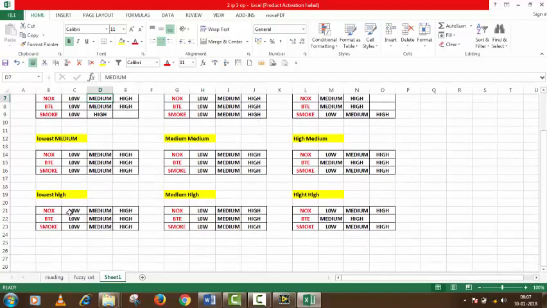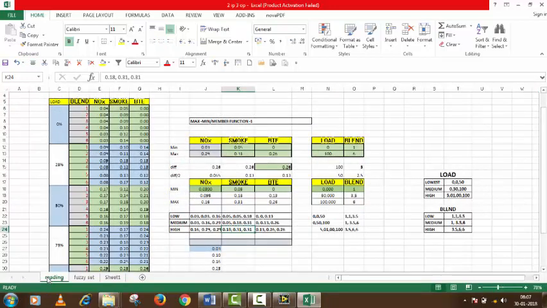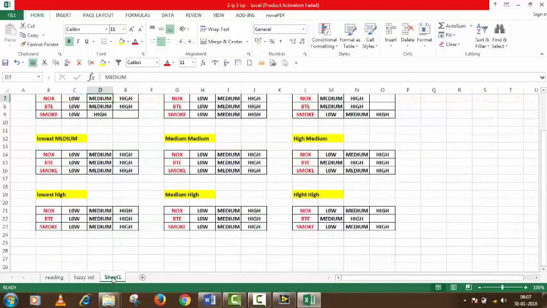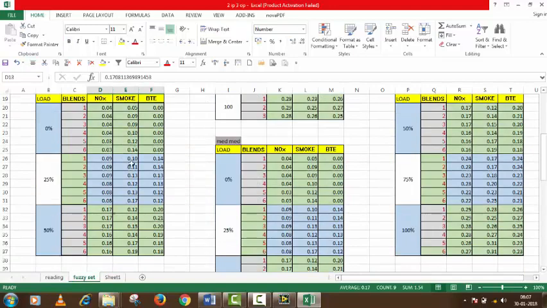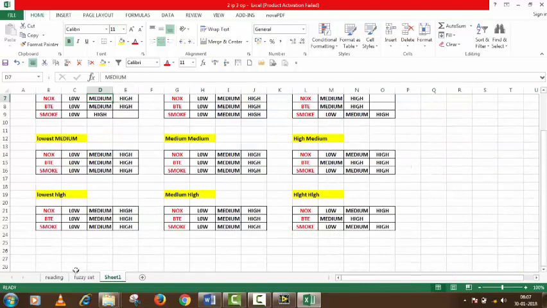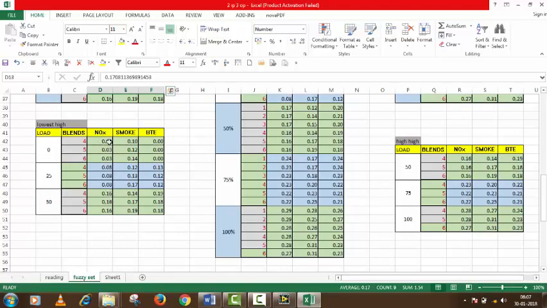Coming to lowest high. Sorry, smoke is over. Coming to the next, lowest high combination. You have to go for NOx. Here: 0.04, 0.03, 0.08, 0.16.